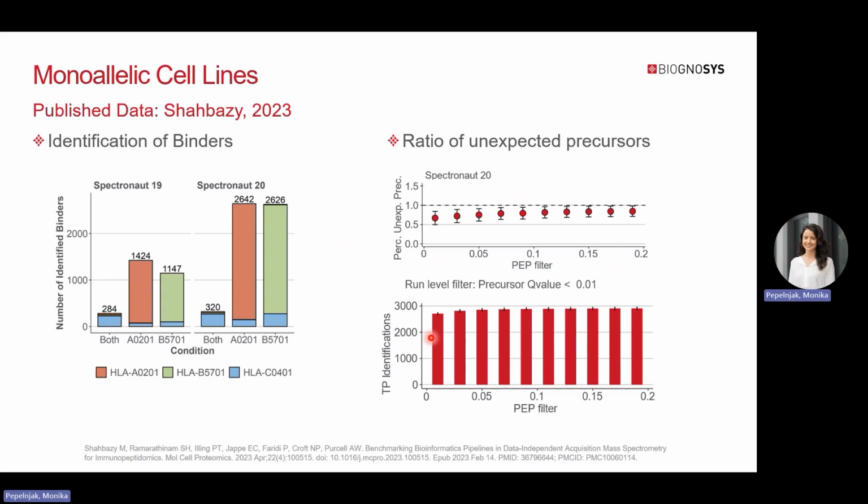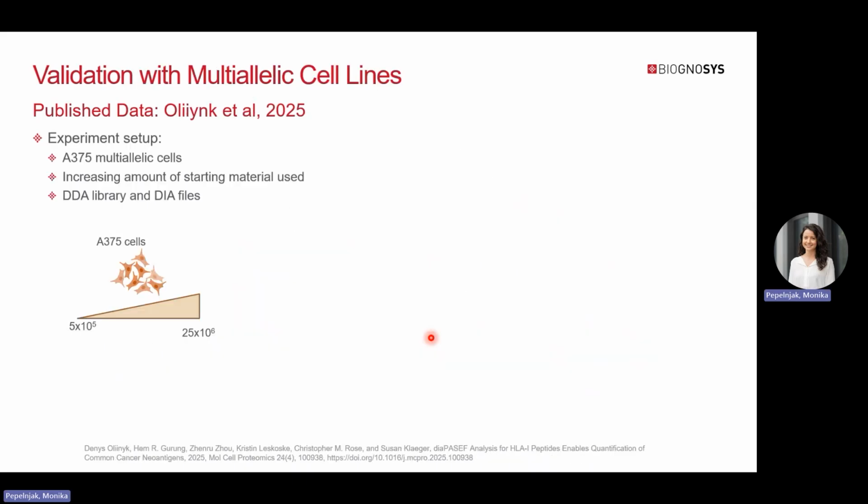So we wanted to see whether we can see the same thing in a more complex sample. We looked at, again, a published dataset of multi-allelic cell lines. In this case, A375 multi-allelic cells were used, and they were used in increasing amounts of the starting material. So you have this concentration range.